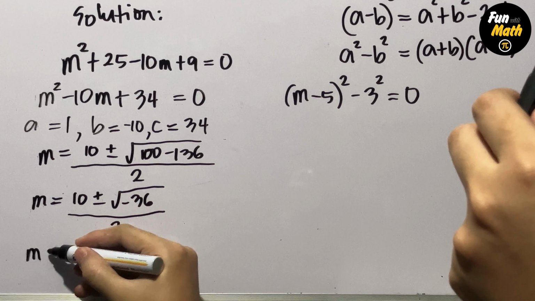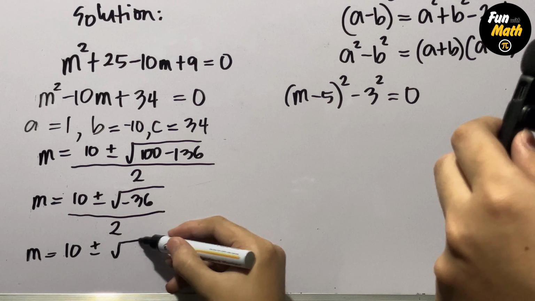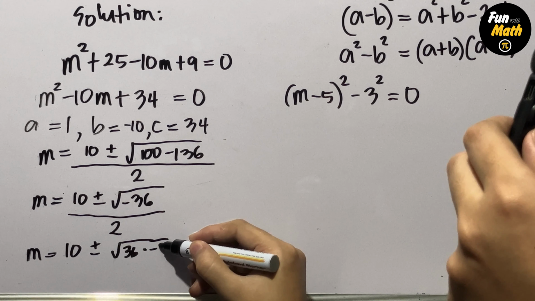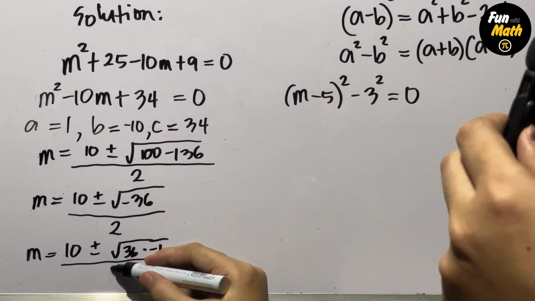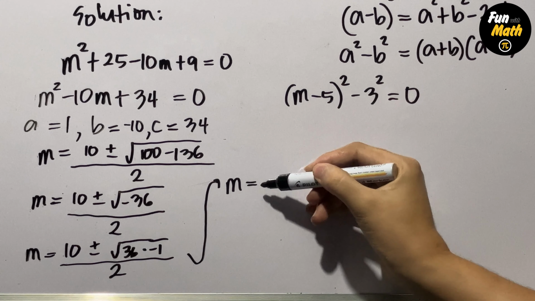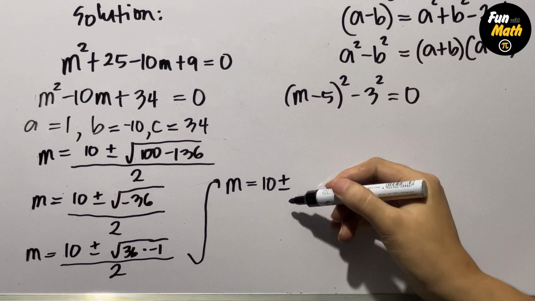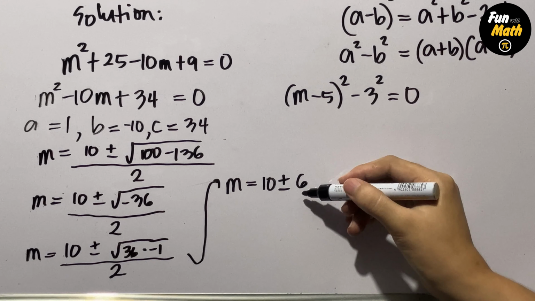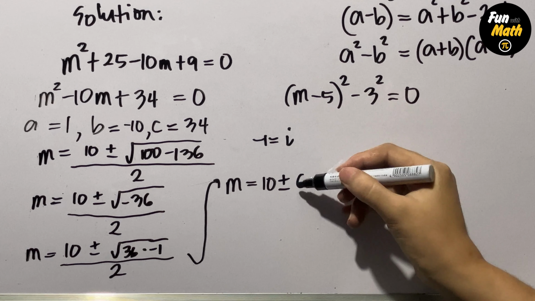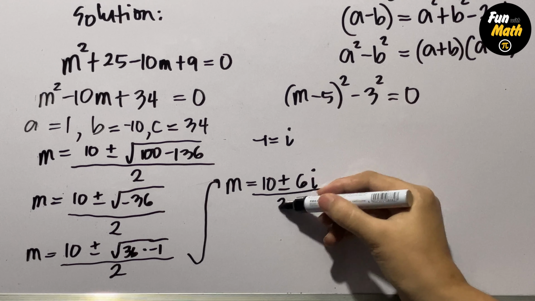So m is equal to 10 plus or minus the square root of 36 times negative 1, all over 2. The square root of 36 is 6, and the square root of negative 1 is equal to i. So this is 6i all over 2.